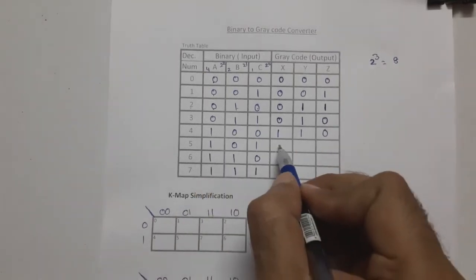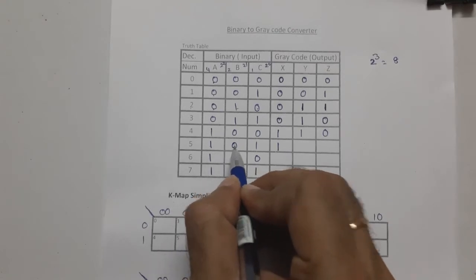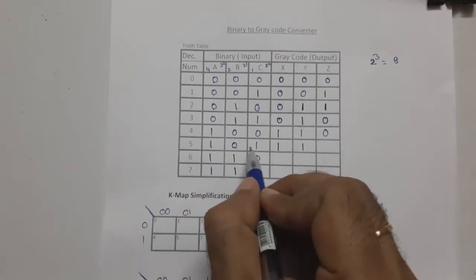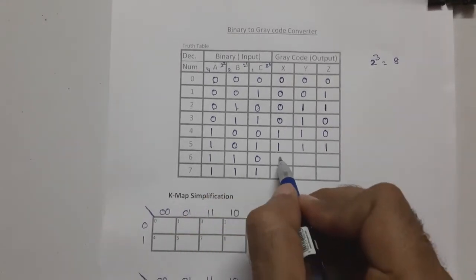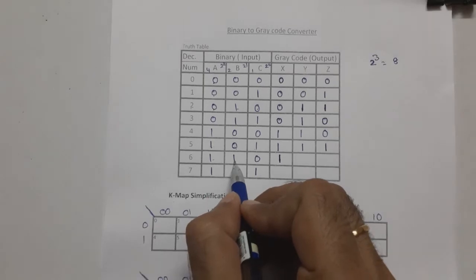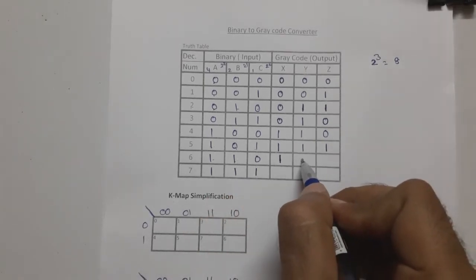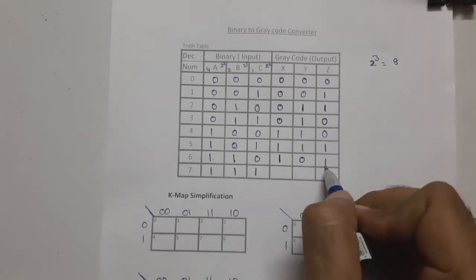And for 5, MSB is 1, and add these two, 1 plus 0 it is 1, and 0 plus 1 it is 1. And for 6, it is 1, 1 plus 1 it is 1, 0, ignore the carry, so it is 0, and 1 plus 0 it is 1.